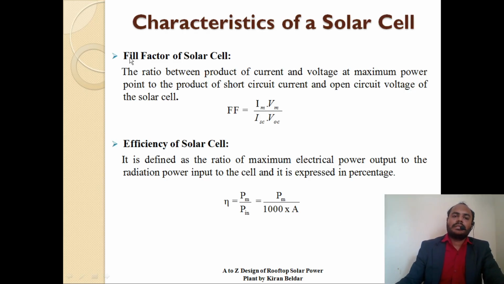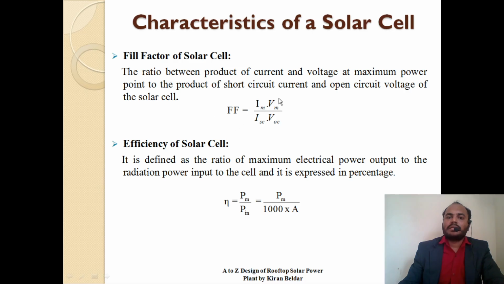The next characteristic is the fill factor of a solar cell. Basically, the fill factor is the ratio of the product of current and voltage at the maximum power point to the product of short circuit current and open circuit voltage of a solar cell.